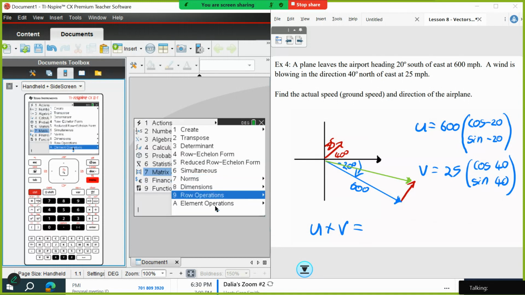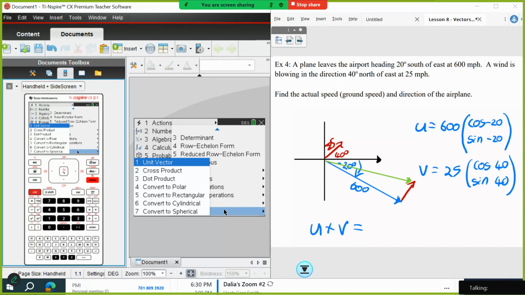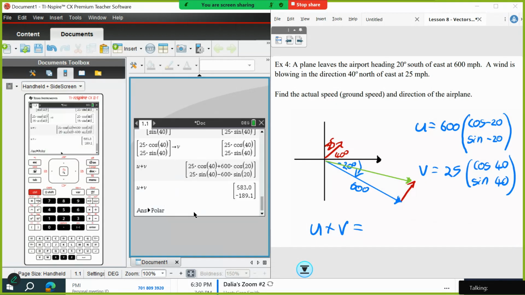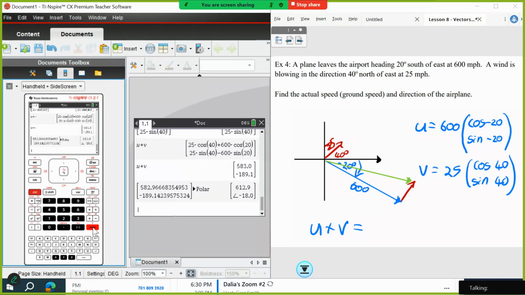If we go to vectors, and we go down to convert to polar form, it will convert from rectangular form, which is an x and a y value, into a polar vector. The polar vector is exactly what we want. We want the length of the green line, which is 613, and we want the angle, which is minus 18. We referenced the angle from east, so this means 18 degrees south of east.